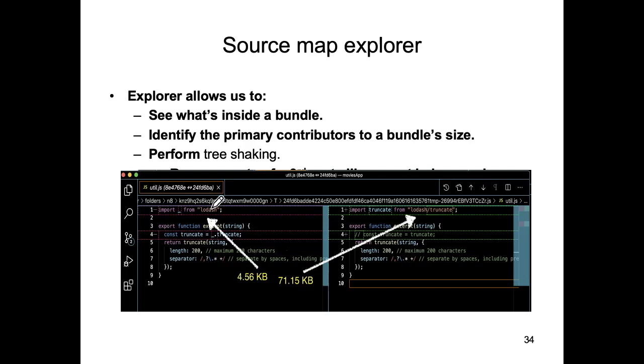What that means, if we look over here on the right, is that I can import a particular function from the library. I don't need the entire library. So when my import statement looks like this, it means that I actually only need around 4 kilobytes from the library as opposed to 71.